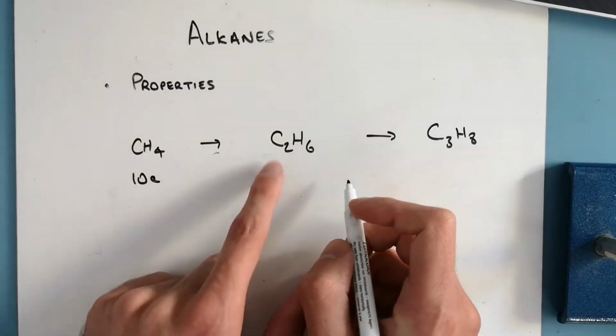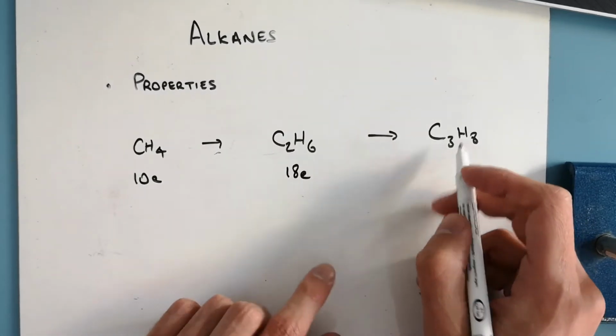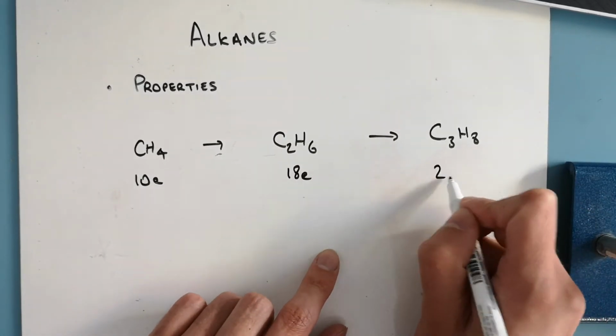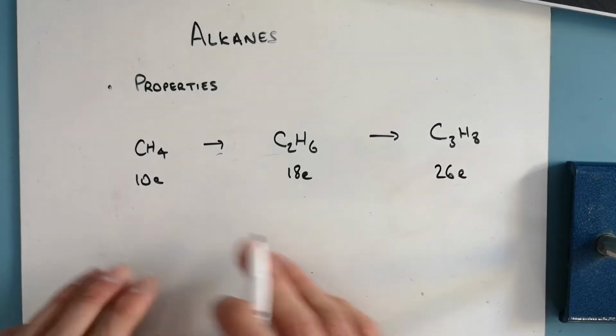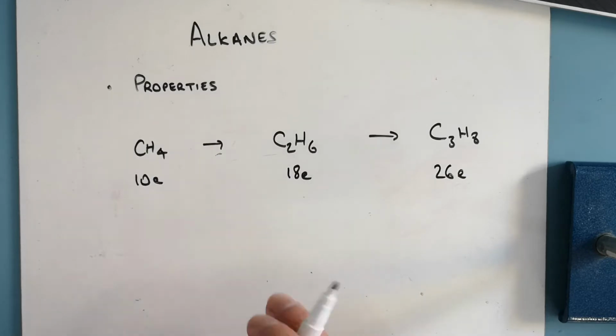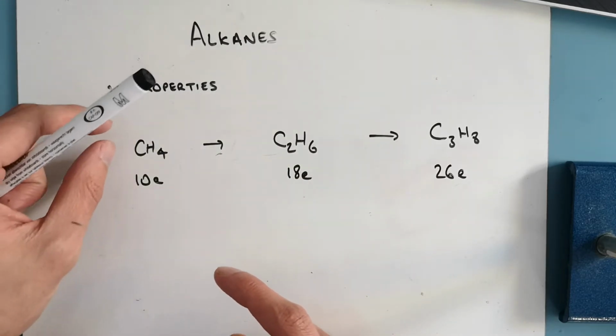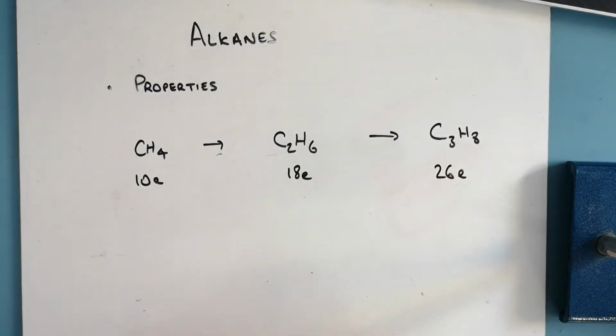So 10 electrons there, 18 electrons there, 26 electrons there. So we're getting more and more electrons, and that means if we get more electrons, we get stronger London dispersion forces. So these two CH4 molecules will be less attracted to each other than two C3H8 molecules. You've got to overcome that.